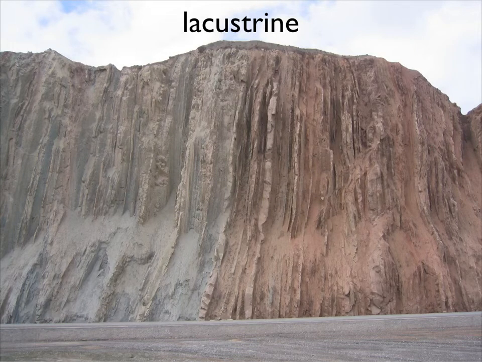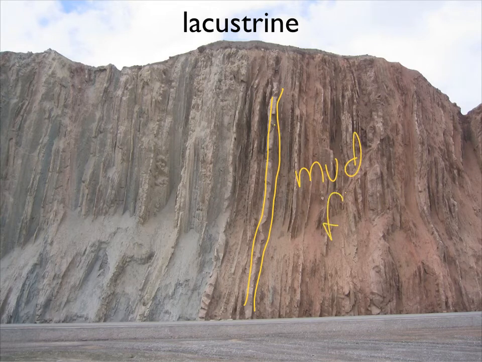Here is a great example of some lake beds or a mud flat that transitioned to lake beds, probably as lake level rose, where you can see these reds, and there are some discontinuous sand beds in here that are probably fluvial channels. I would interpret this as a mudflat environment. The red color suggests subaerial exposure. There are also mud cracks in much of this area, suggesting it's probably not the lake depocenter, but a lake shoreline.